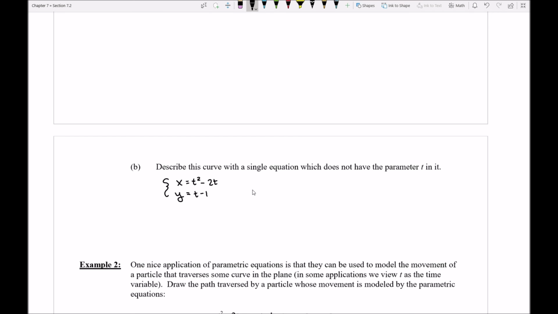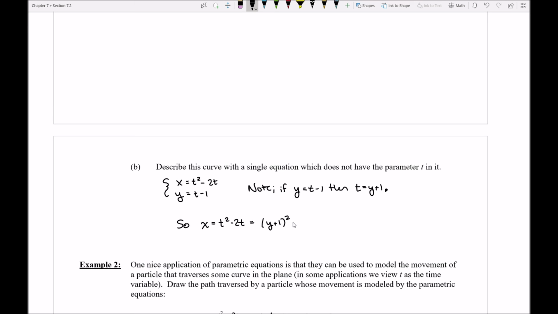Now to do this, it's pretty easy to note that if y is equal to t minus 1, then t would have to be equal to y plus 1. So if I was to go to my x equation, which is t squared minus 2t, I could replace t with what I know t is equal to, which is y plus 1.